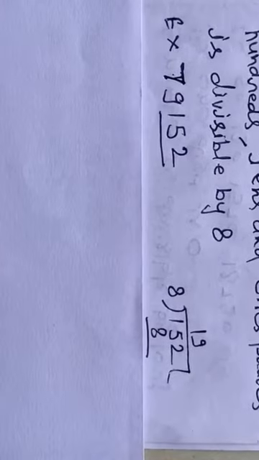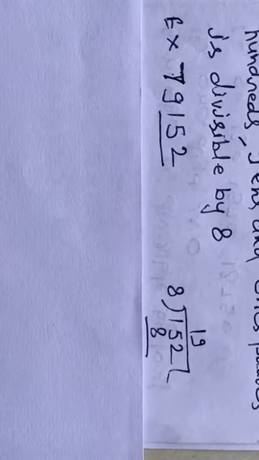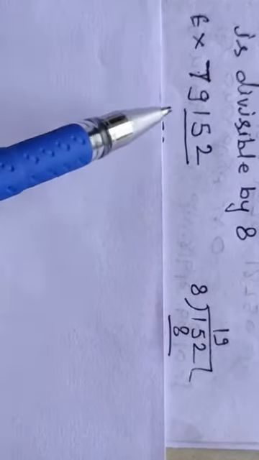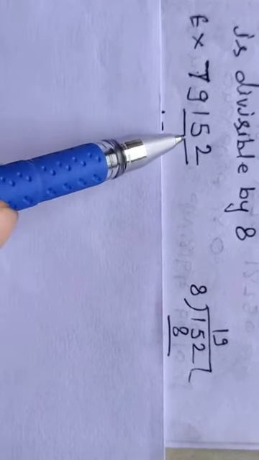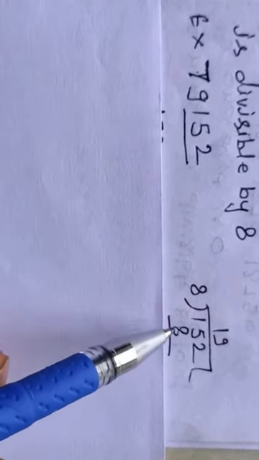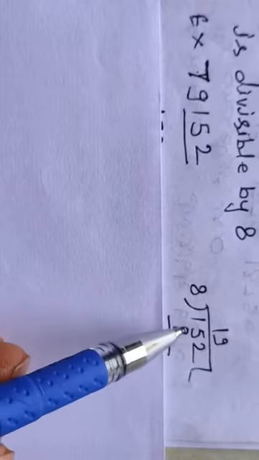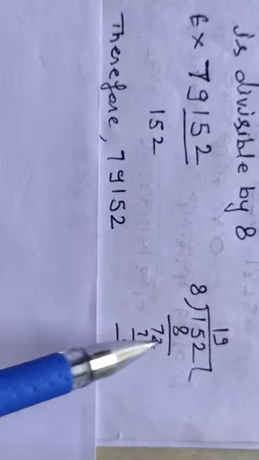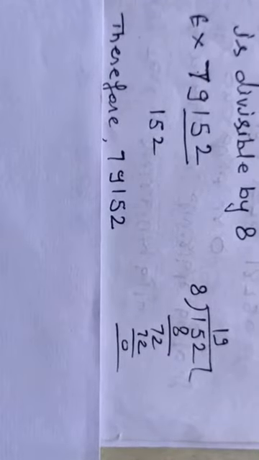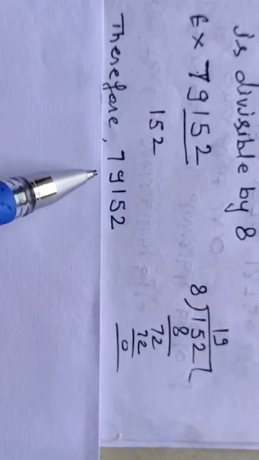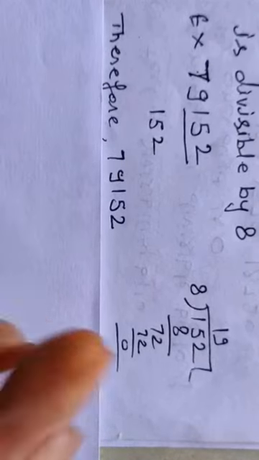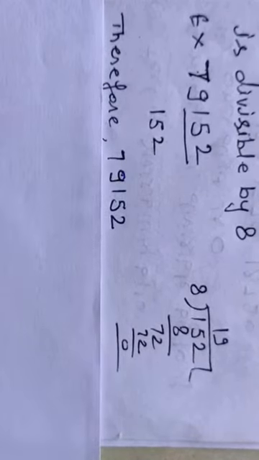For example, 79152. The number formed by the last 3 digits is 152. So we will check if this number is divisible by 8 or not. In this example, it is divisible by 8. So the given number is divisible by 8. Therefore, 79,152 is divisible by 8.